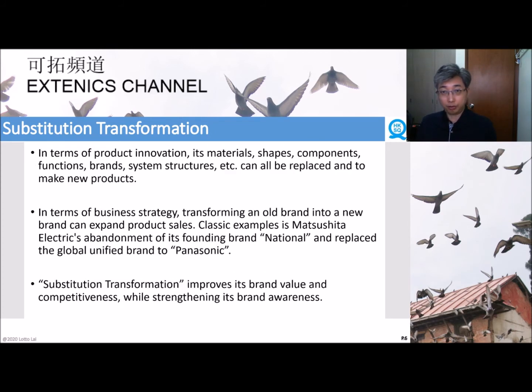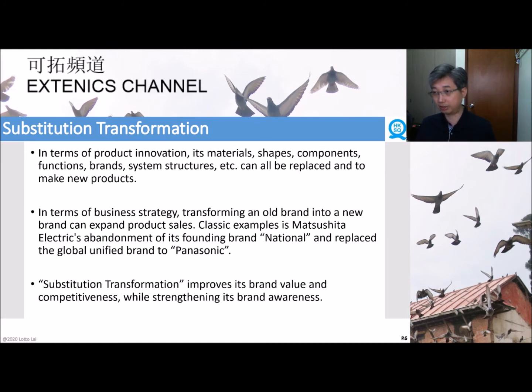And for application in terms of product innovation, its material, components, function, brands, system structure, etc. can also be replaced to make a new product. In terms of business strategy, transforming the old brand into a new brand can expand product sales.